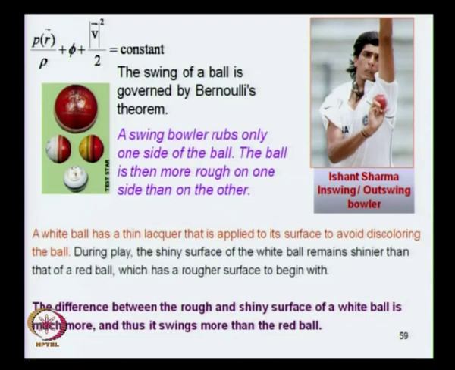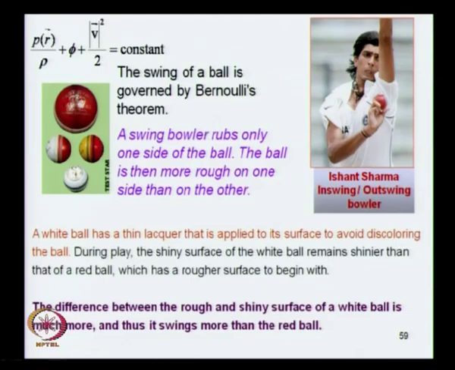Okay. So, this is what the swing bowlers exploit, and they prefer to use the white ball because it has got a thin lacquer that is applied to its surface to avoid discoloring, and then during the play the shiny surface remains shinier and the other one starts becoming rough.